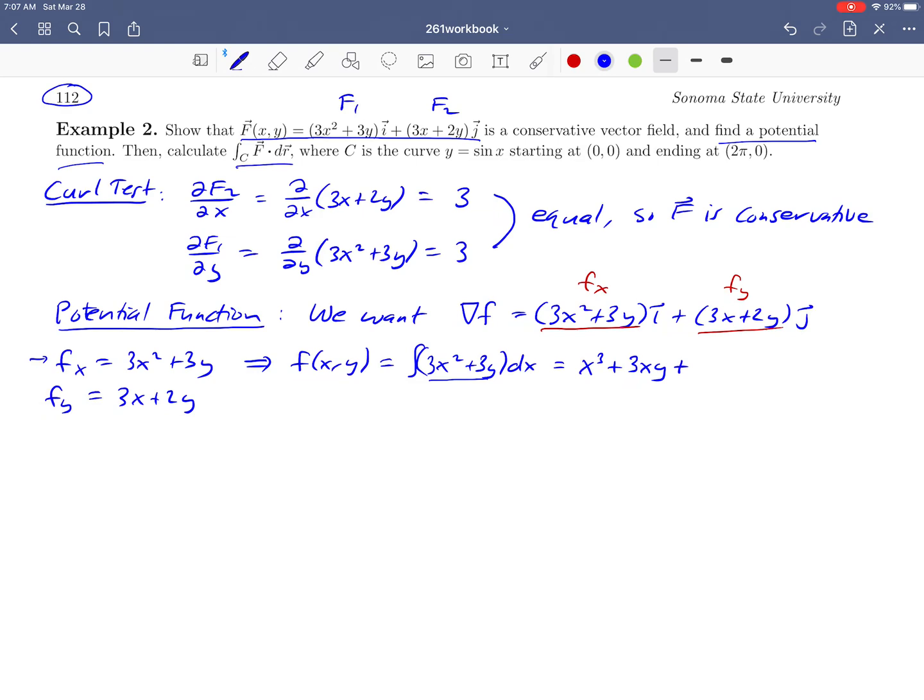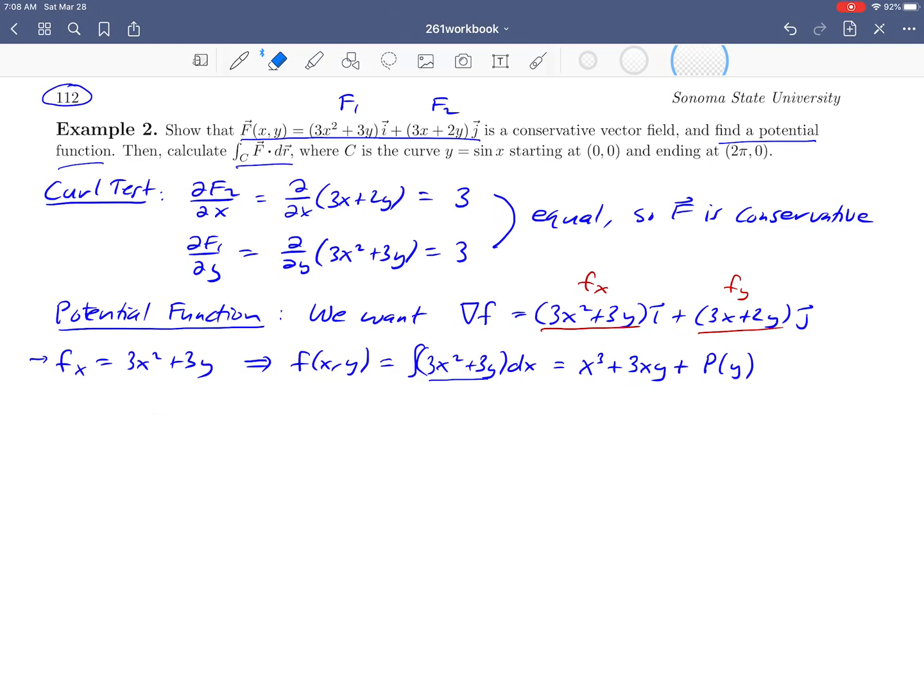So when we add our plus c here, we have to account for the possibility that there may very well be some y's in our constant, because y is being treated as a constant. So instead of writing plus c, we're going to write plus p of y, just to acknowledge the fact that that constant that we add may very well have some y's in it.